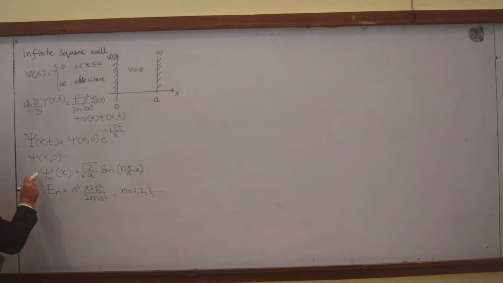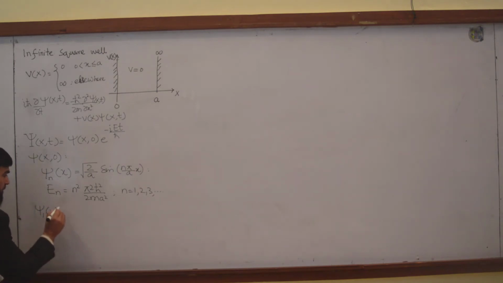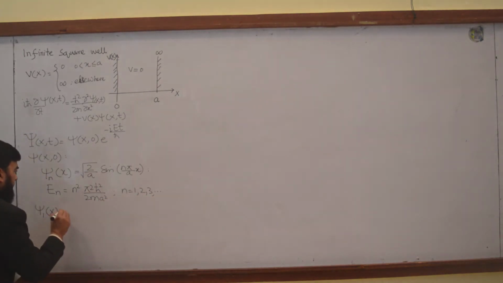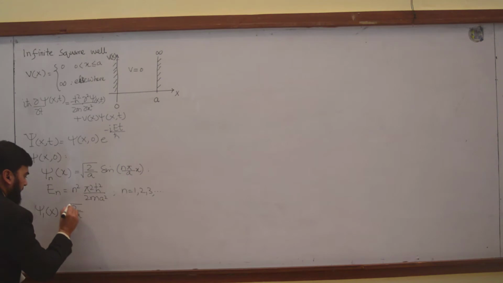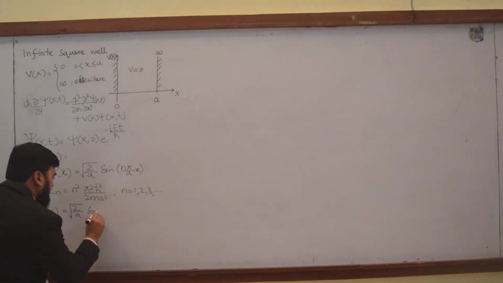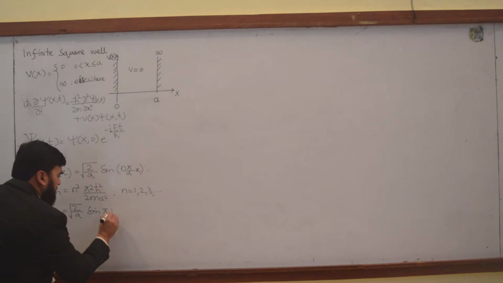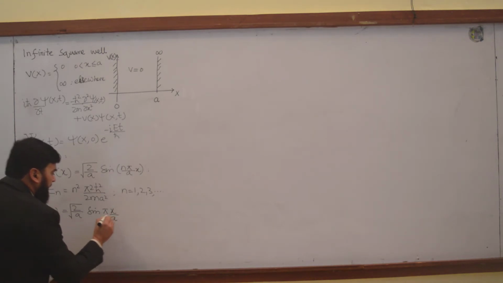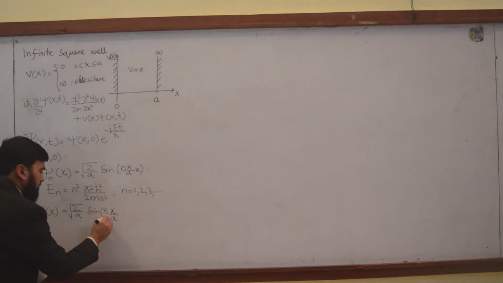Now these wave functions, these states of our particle, have some exceptional properties. What are those exceptional properties? We will have to discuss them one by one. If I put psi 1 of x, because n can be 1, 2, 3, then I have 2 over a and sine pi x over a, because n is equal to 1.